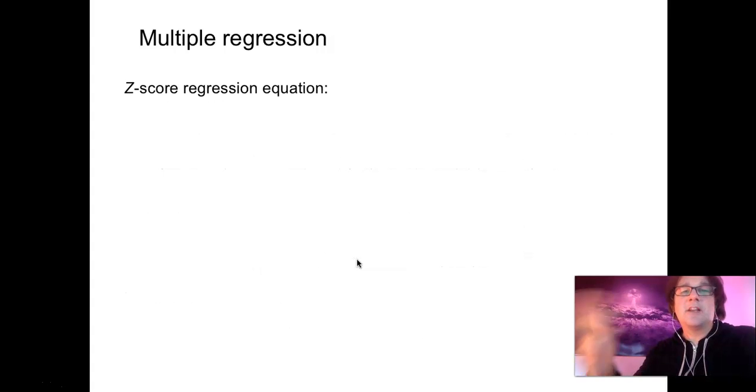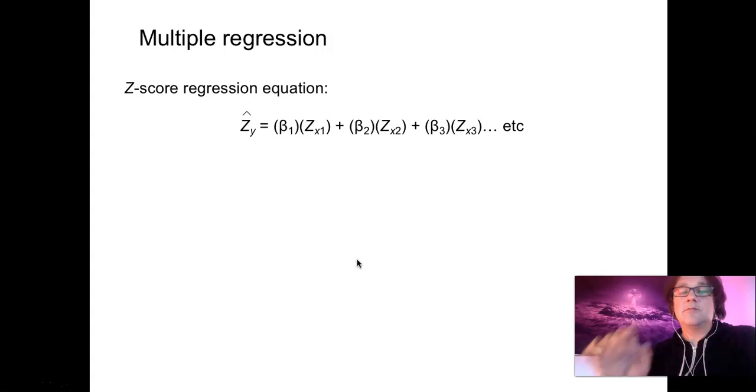So let's take a look at a z-score regression equation. Again, what we saw in the last slide: predicted z, standardized y. Here are our predictors, standardized scores for our predictors multiplied by their associated regression coefficients.